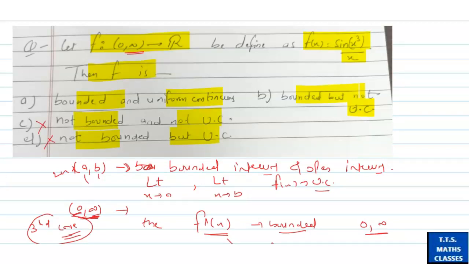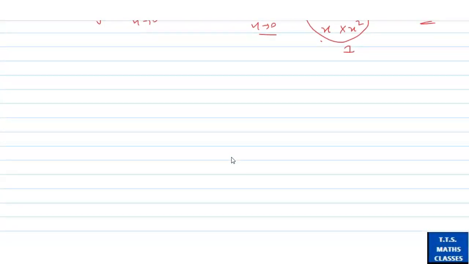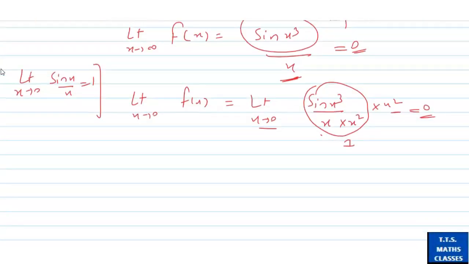Now we talk about option A and B. Clearly we have to check whether it is uniformly continuous or not. For this we already discussed how we can check. First of all we have to find the derivative, the third case.